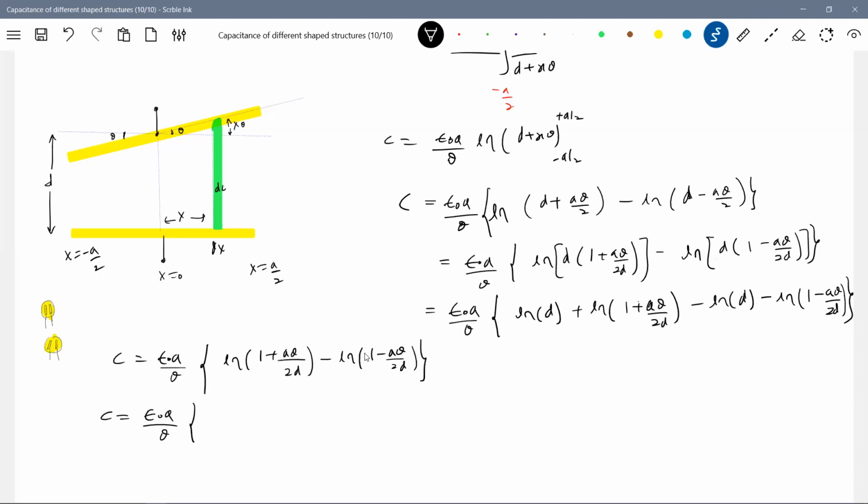Anybody? Yes, sir. So x, which is a theta by 2d, minus 1 by 2 of a theta by 2d whole square, plus 1 by 3 of a theta by 2d whole cube. I think till here we will stop it. Higher order terms not needed. This is one expansion, and so on.